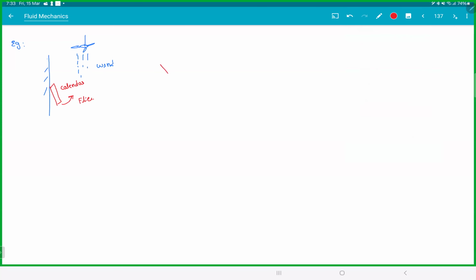Reason? When this is a calendar, and when the wind is blowing here fast, so here V is more, pressure is less. Because the pressure is less, this pressure will push it up. Making sense? So let's say this is P1, this is P2. P1 is greater than P2.